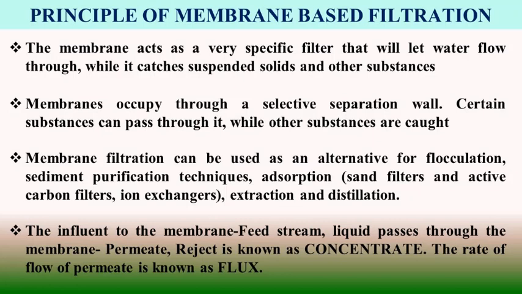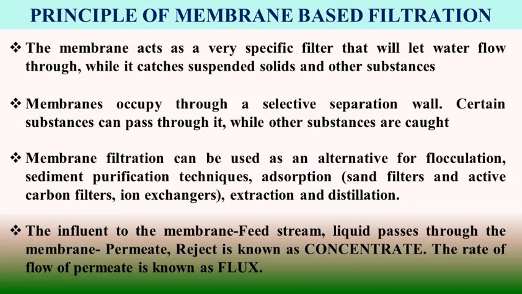Now let us try to understand the membrane-based filtration process. A membrane acts as a filter that lets only water flow through it, catching the suspended solids and other substances. Membranes work through a selective separation wall, and can be used as an alternative for flocculation, sedimentation, purification techniques, absorption, active carbon filters, ion exchangers, extraction and distillation.